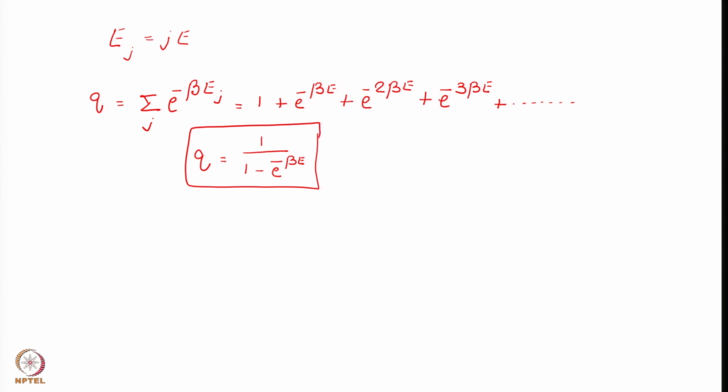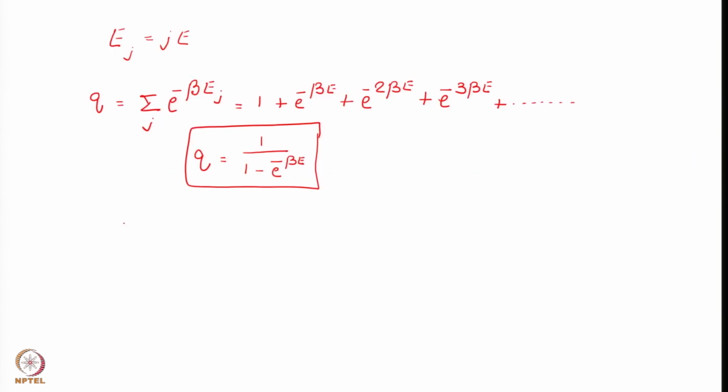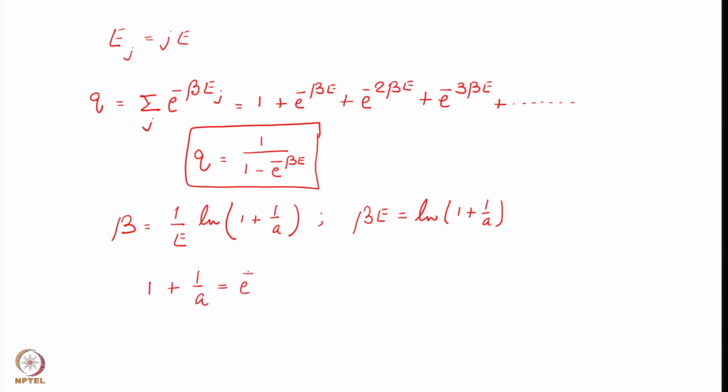And then in the previous discussion, what we showed is that beta is equal to 1 over E log of 1 plus 1 by A. This basically came from beta E equal to log of 1 plus 1 by A. That means I can write 1 plus 1 by A is equal to exponential plus beta E. Or can I write this as A plus 1 by A?